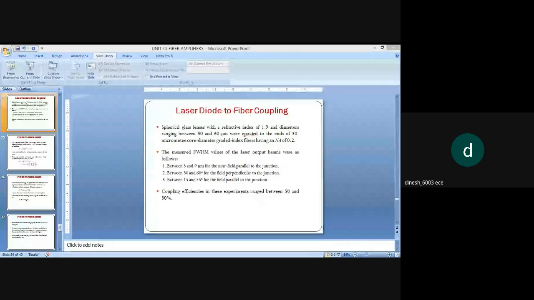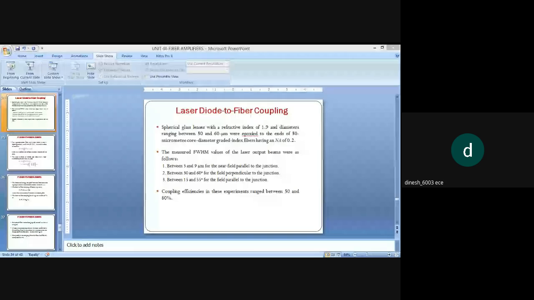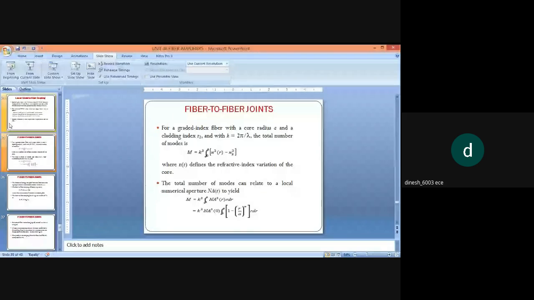The number of modes can be calculated as m square 0 to 2 n square r square of r minus n to the whole square, where n of r is the index variation of the core. With respect to r, it will vary.